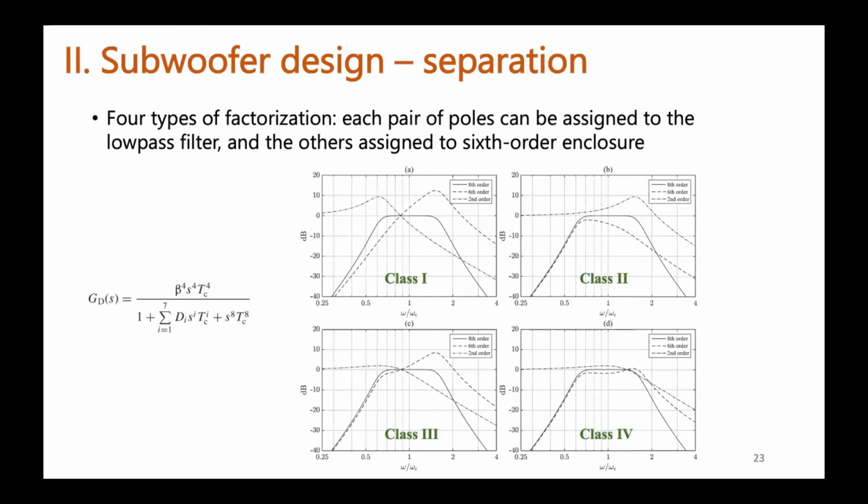And after we get these poles, we can assign one pair of poles to the low pass filter, and the other 3 pairs of poles are combined and assigned to the 6th order enclosure. So we have 4 different ways to make the factorization or separation of the response, shown here and labeled class 1 to 4.